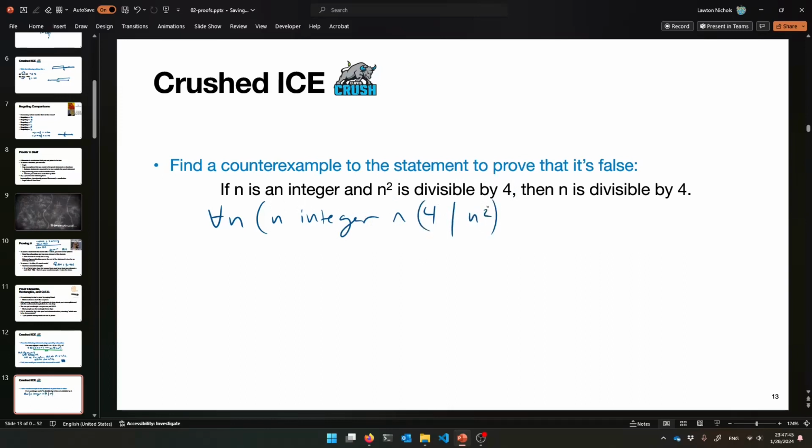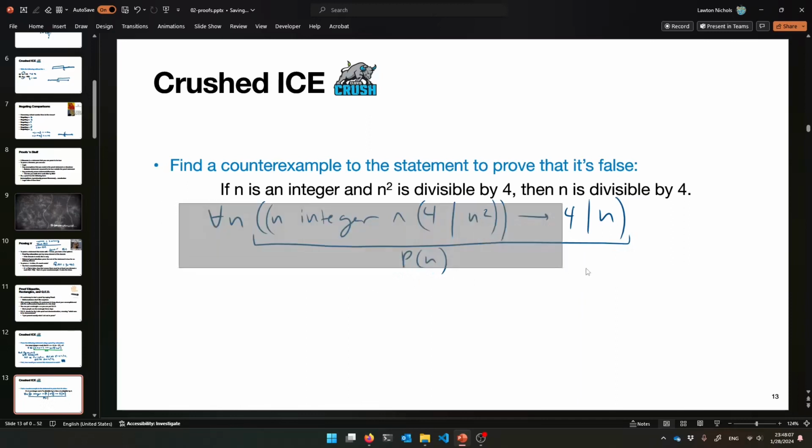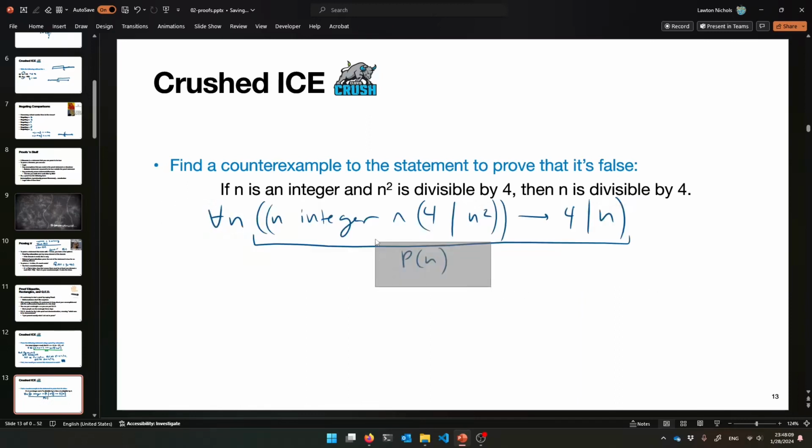If both of those things are true, then n is divisible by 4, or 4 divides n. Okay, so that's how we'd write it in math. And this would be our predicate, P(n), which I can slap into a predicate.